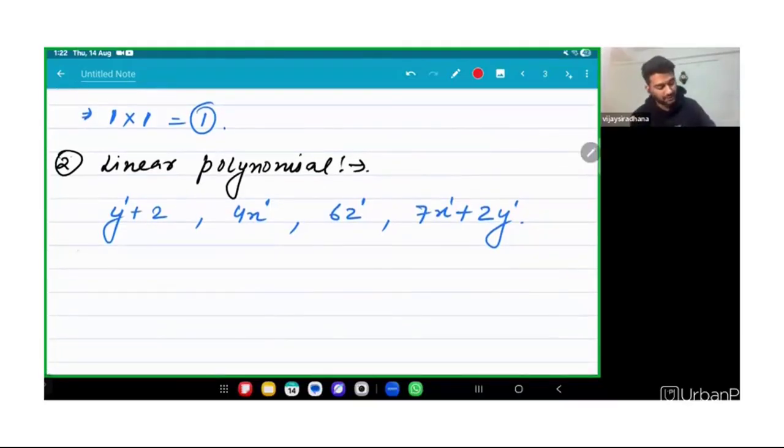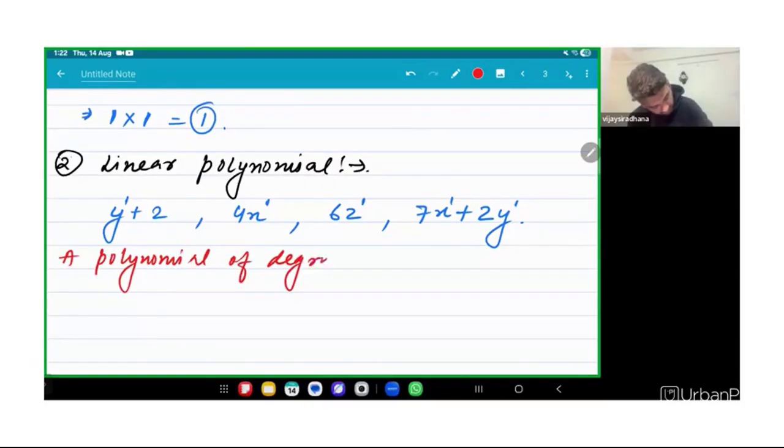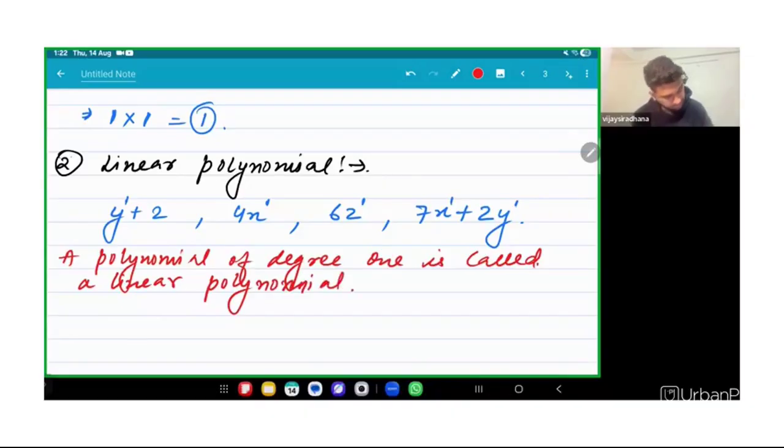So if we call the definition, a polynomial of degree 1 is called a linear polynomial. And it can be anything. It can be monomial, it can be binomial, and it can be trinomial as well. It doesn't matter.